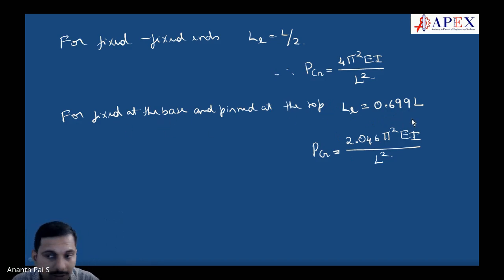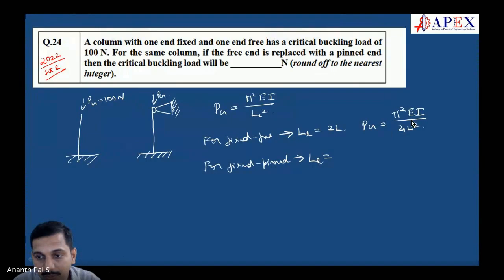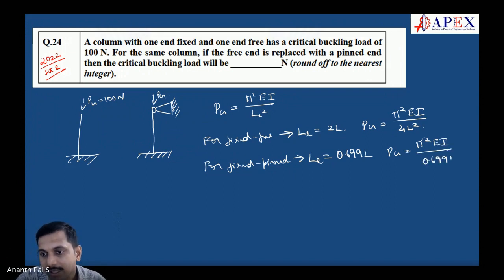So you take it as 0.699 L. You will get P critical is equal to pi square EI divided by 0.699 L the whole square. So this is P critical 1, this is P critical 2.